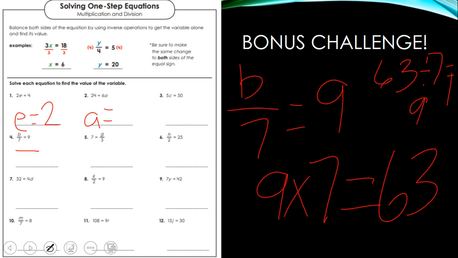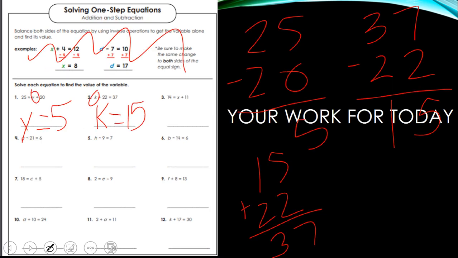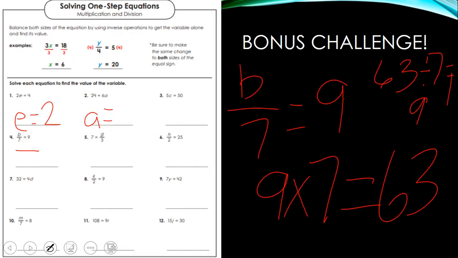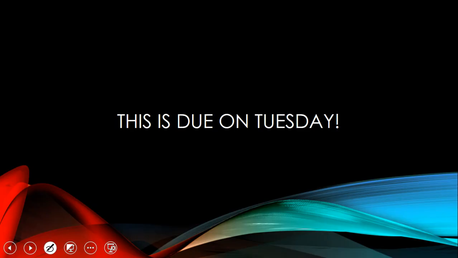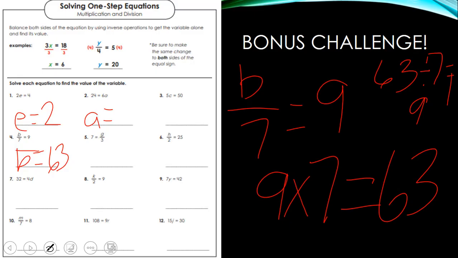Like I said, the bonus is optional, and it's just if you want a challenge because you have 2 days to complete this page. Okay? And again, there is just 12 questions, and I've done this one for you. 63, so I've done 2 of that for you too. So everything is due on Sunday. Okay, your bonus challenge, if you choose to do it.